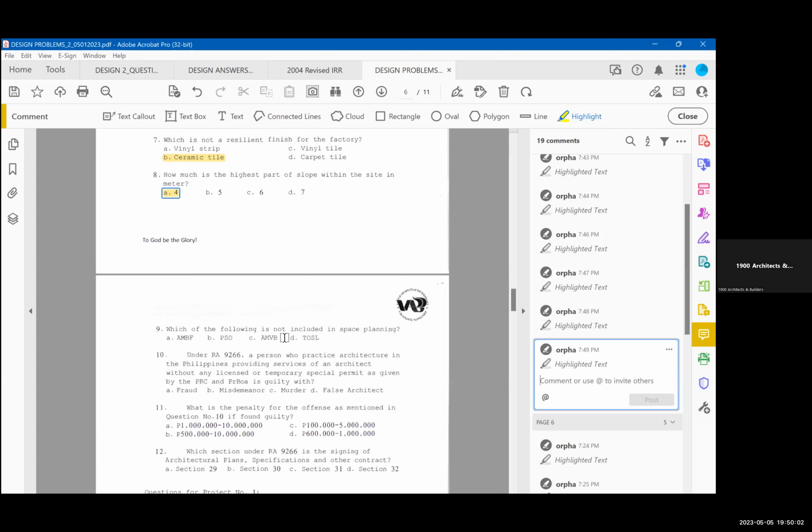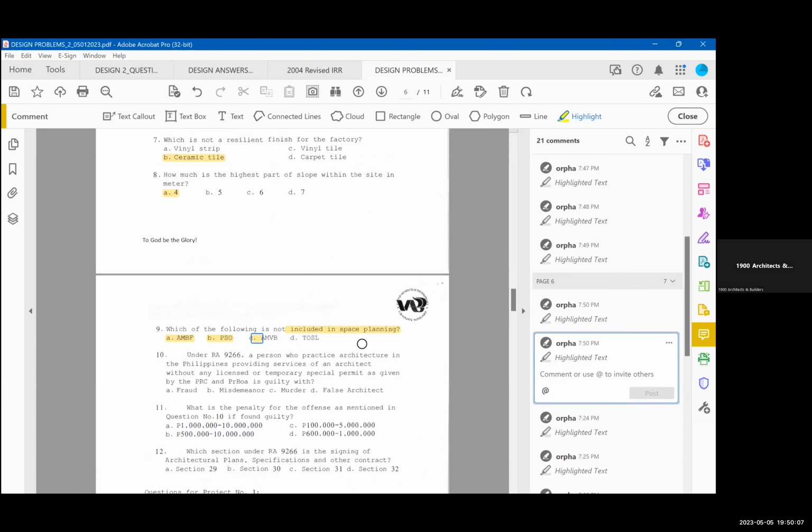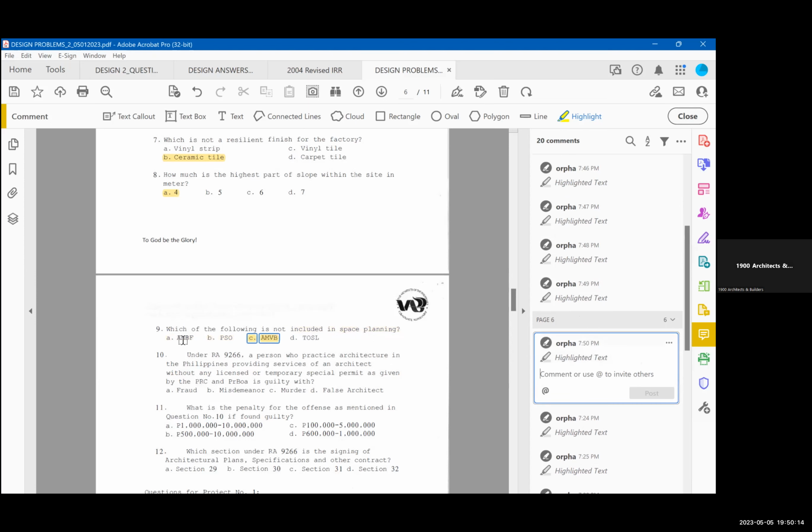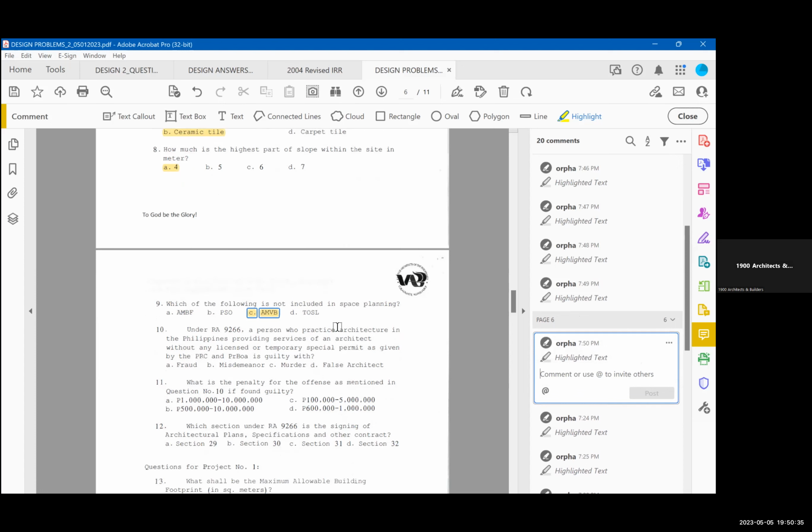Ano ba ibig sabihin ng AMVB? Letter C. So I guess lahat yan, AMBF, PSO, TOSL, it's all part of the areas kasi to eh. So it's all part of the space planning. So ang AMVB, if I'm not mistaken, volume yan. So height. So kaya siya ang sagot. Letter C.